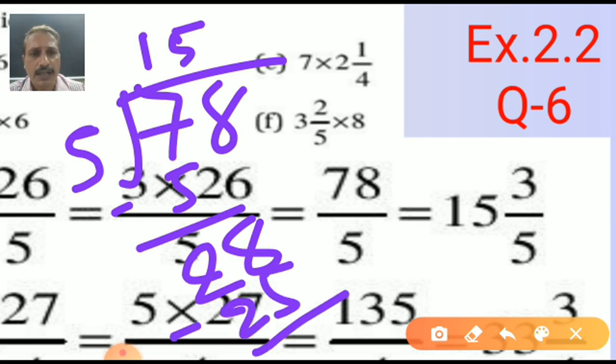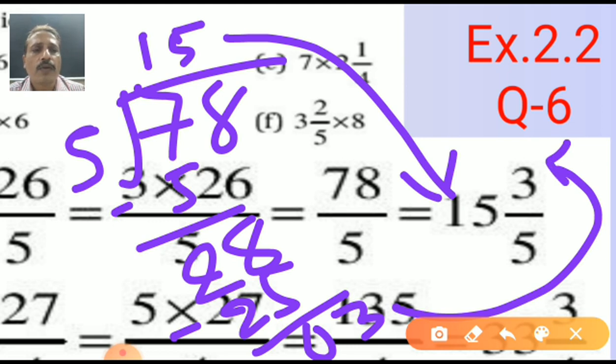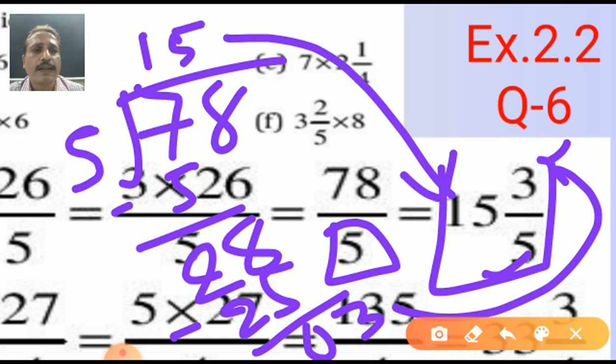Now what is left here? Remainder, 8 minus 5, 3, and 2 minus 2, 0. Yes, my dear student, 15 is an integer. This remainder goes to the numerator, and whatever the denominator is remains as it is. So final answer is 15, 3 upon 5.